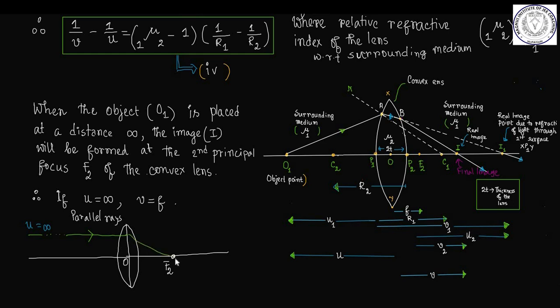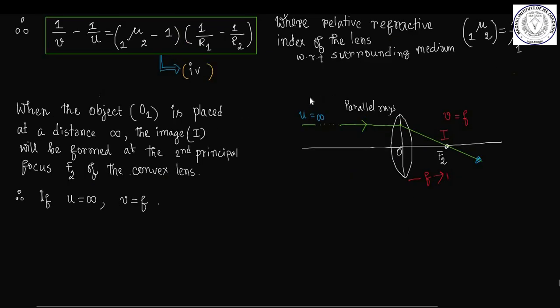After refraction through the lens, the refracted rays will pass through the second principal focus, and the image will be formed at the focus.